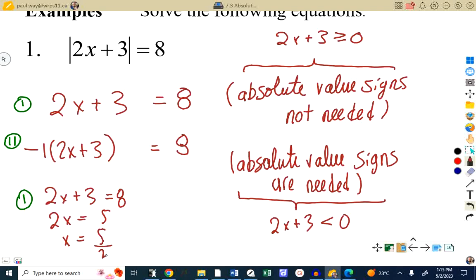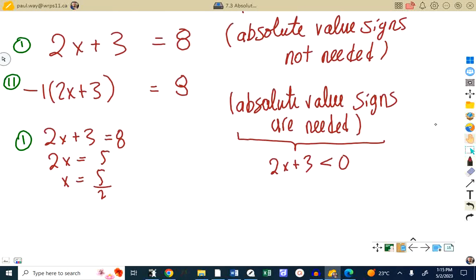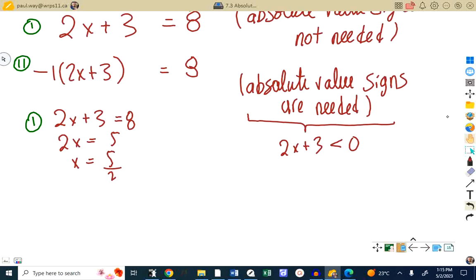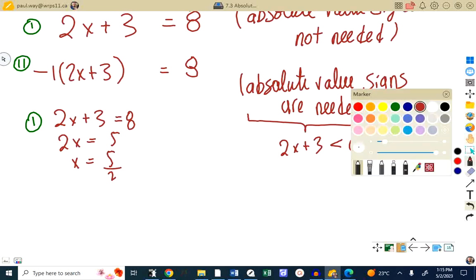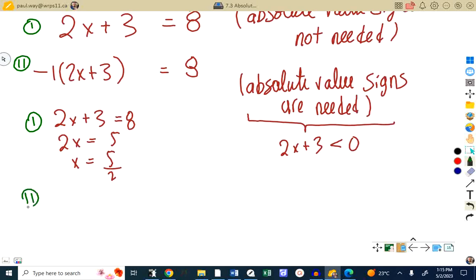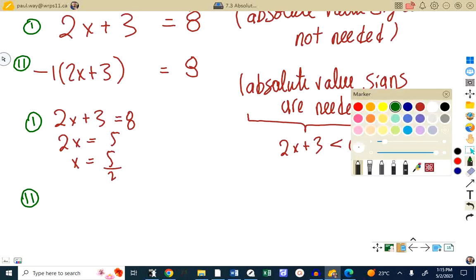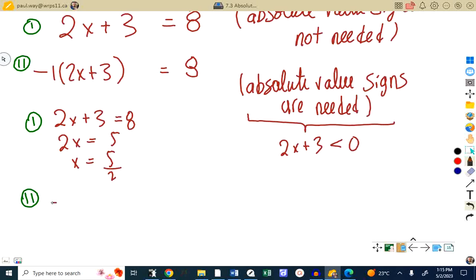Pretty straightforward. Okay. What about equation 2? Well, with equation 2, we've got negative 2x minus 3. I've taken the liberty here of multiplying that negative through.